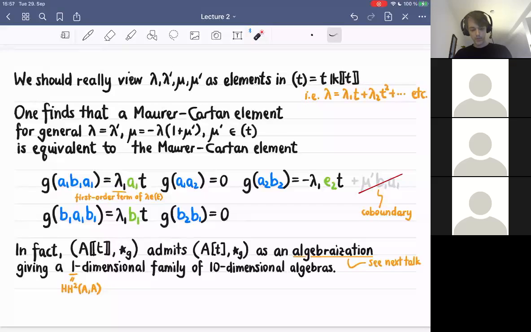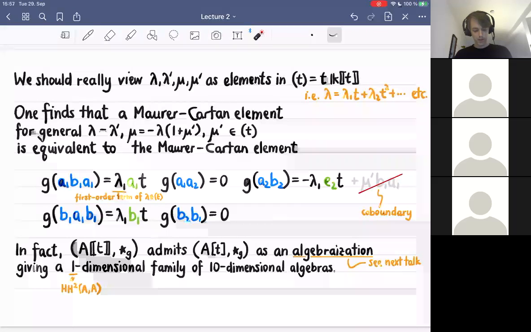So a general Maurer-Cartan element here is equivalent to this Maurer-Cartan element. And here we just need the first order term of lambda. This is the condition we get from the Maurer-Cartan equation, and this mu prime, which was a free choice, we can kill.